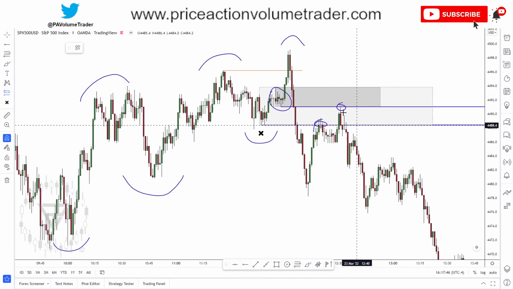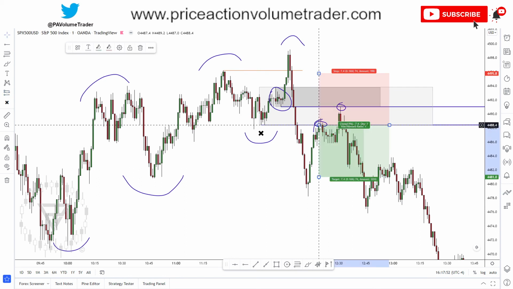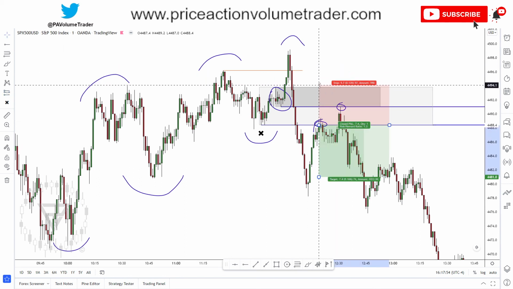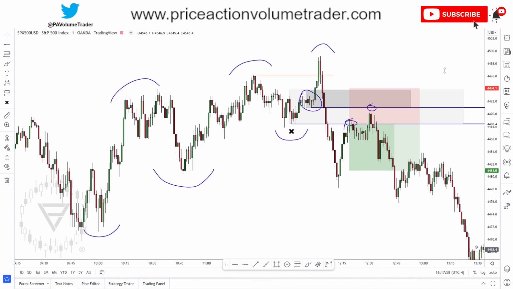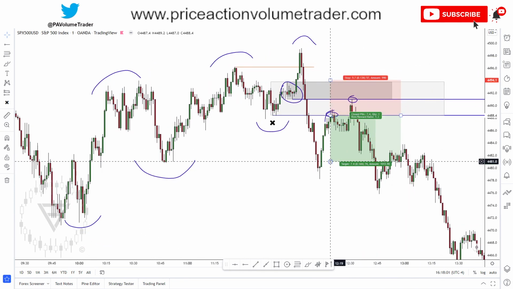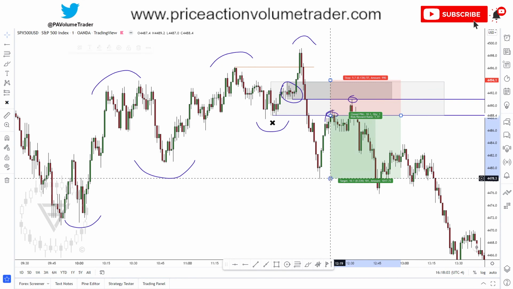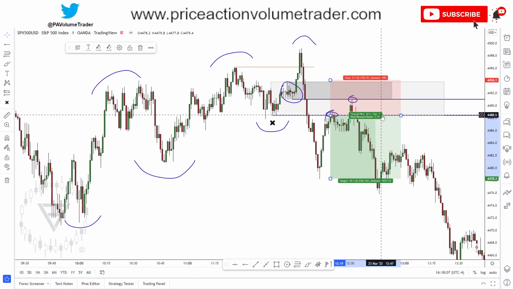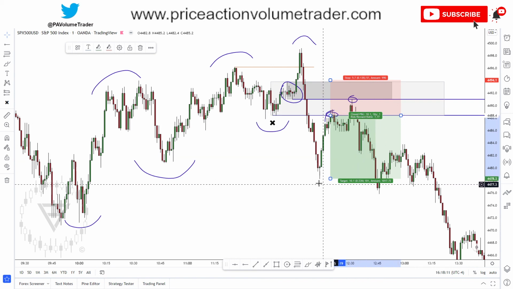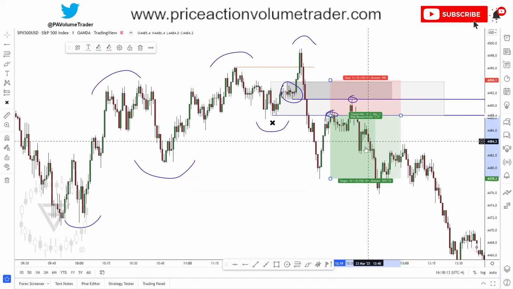We would take our trade and we could have either entered here with a stop just beyond the cluster consolidation, and then we could have targeted the previous swing low here. You can see the R&R on this trade wouldn't have been that amazing, it's just 1.77.